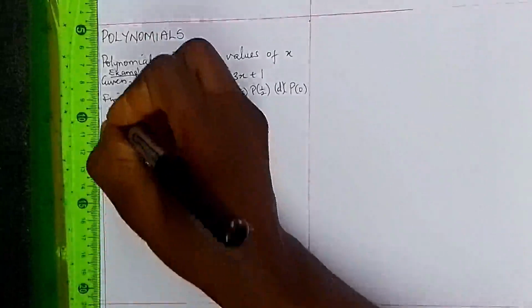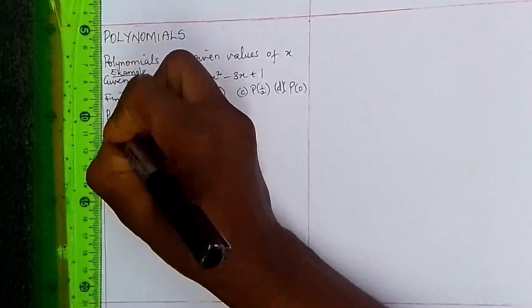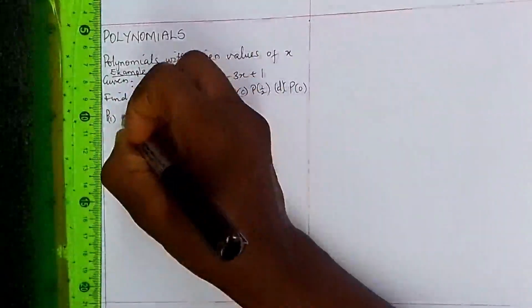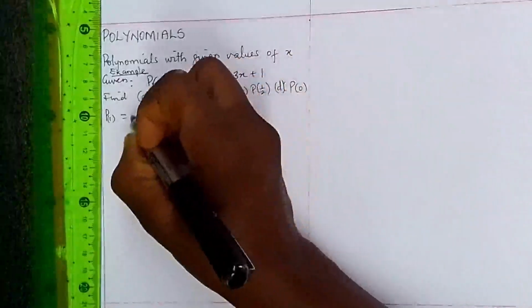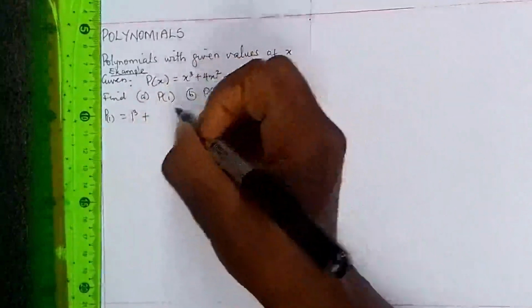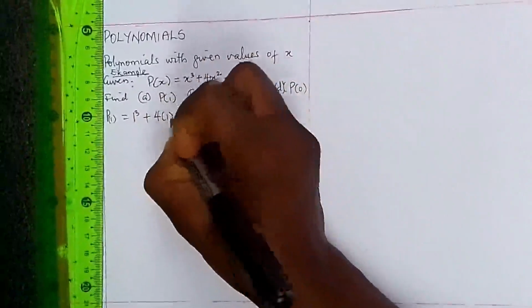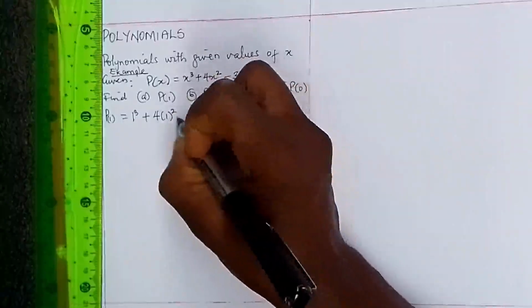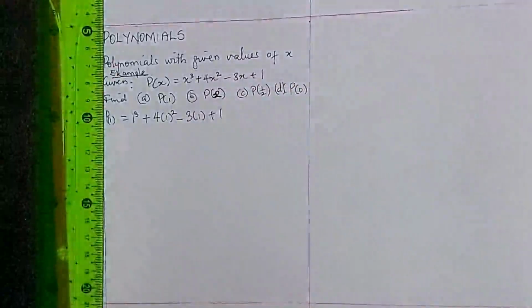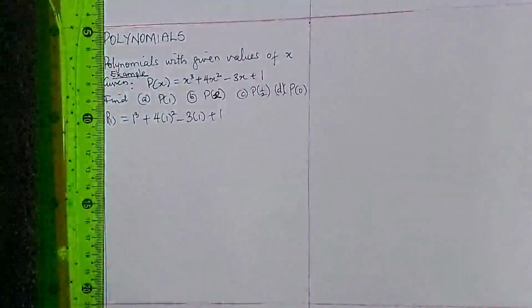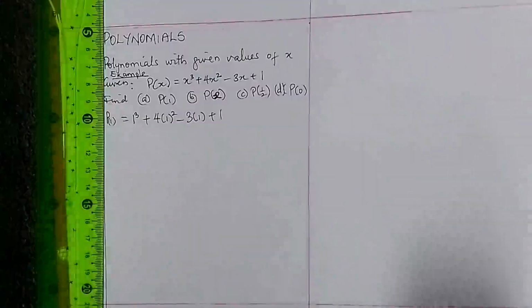The first one is P1 is equal to, now instead of putting x, we'll change it to 1. 1 raised to the power of 3 plus 4 times 1 raised to the power of 2 minus 3 times 1 plus 1. The constants remain the same, there's no variable given to it.